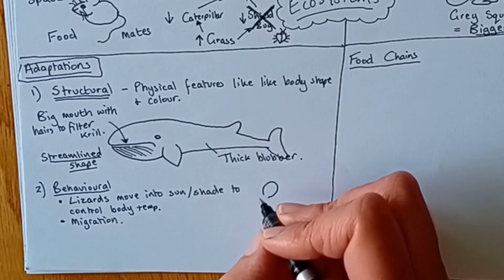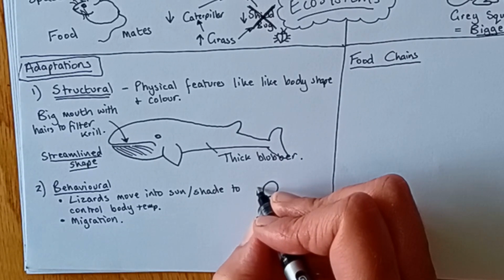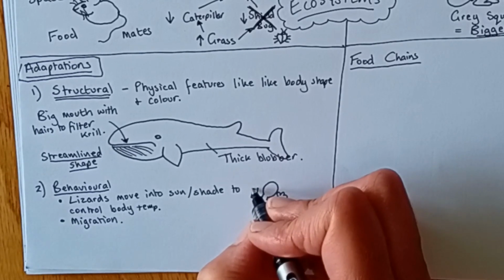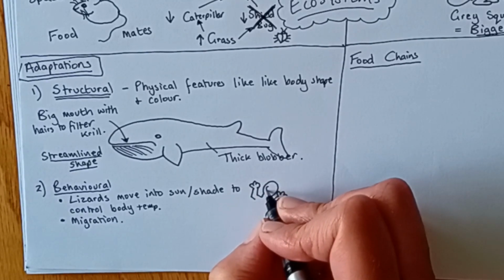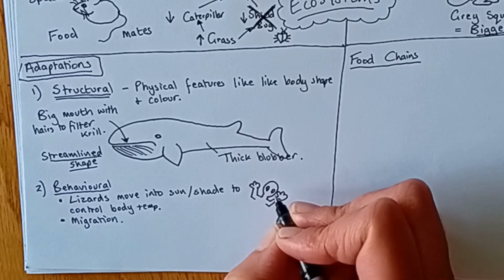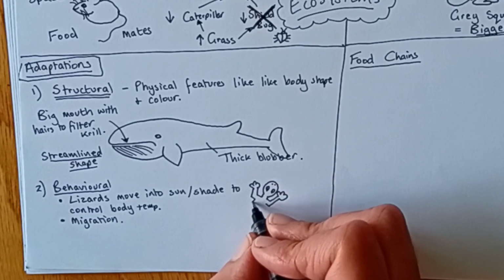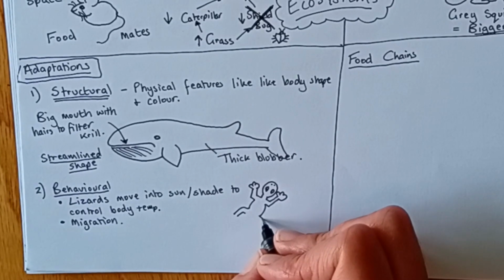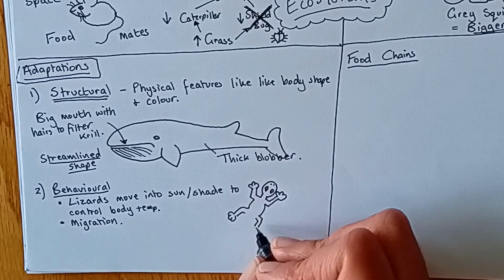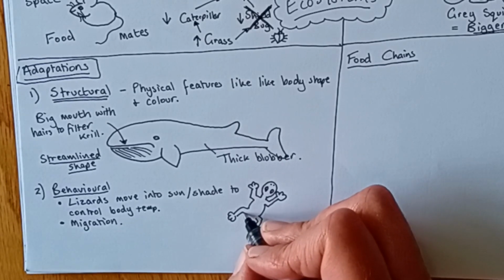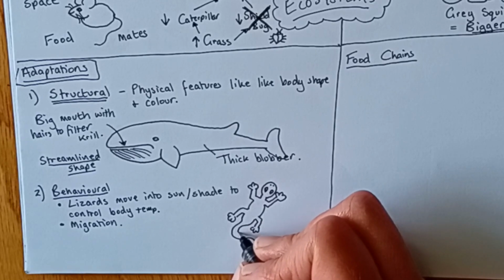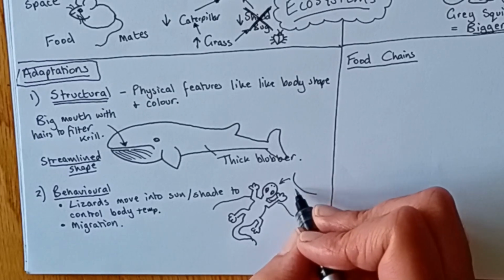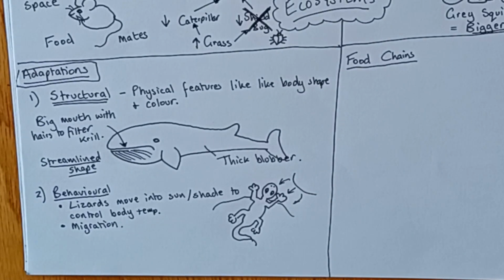There's the lizard's head, neck, body, two back legs, so lizards sit out in the rocks to get the heat from the sun.